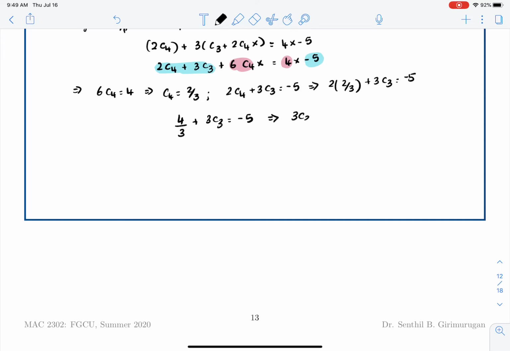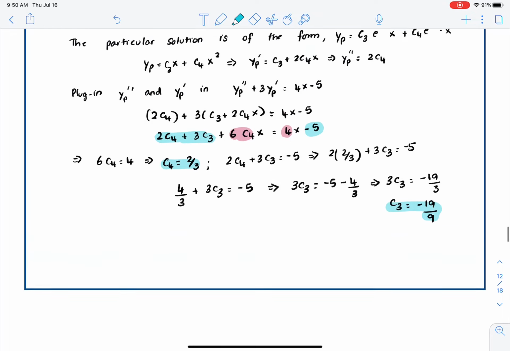So 3c3 would equal negative 5 minus 4 over 3. 3c3 would equal negative 19 over 3. c3 would be negative 19 over 9. So we've found c4, which is 2 over 3, and c3, which is negative 19 over 9.